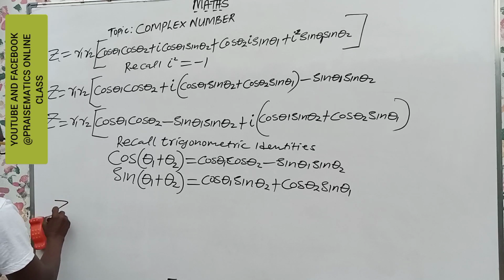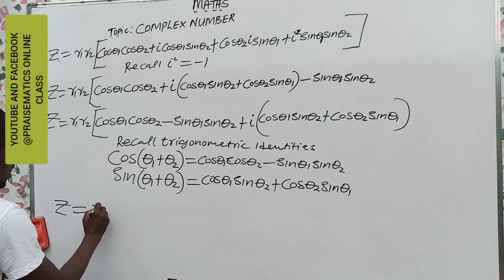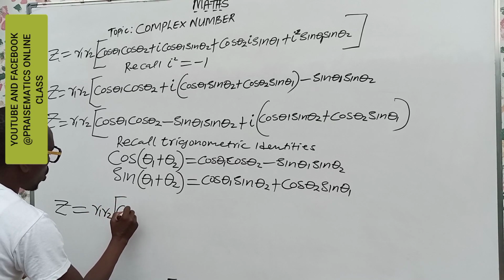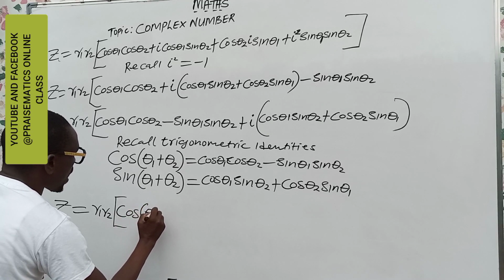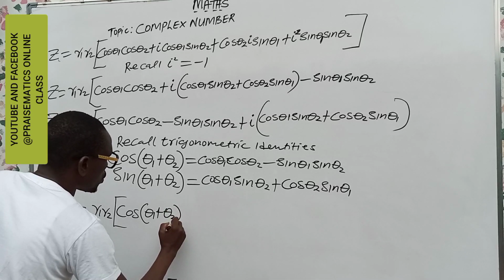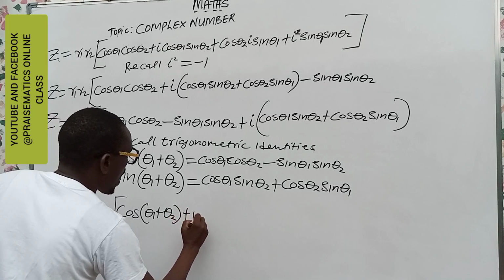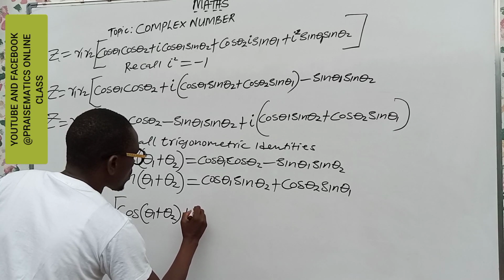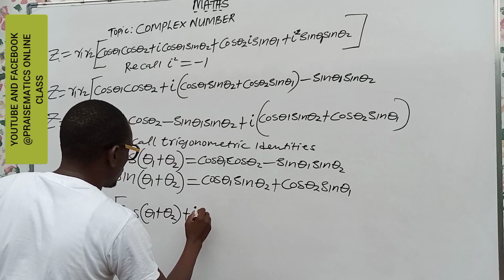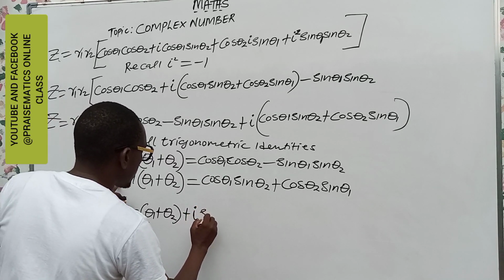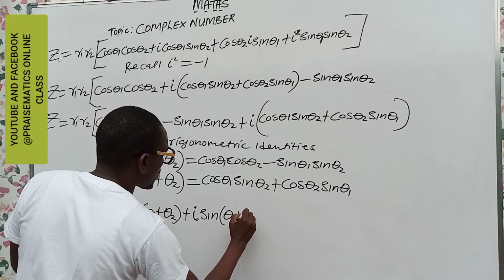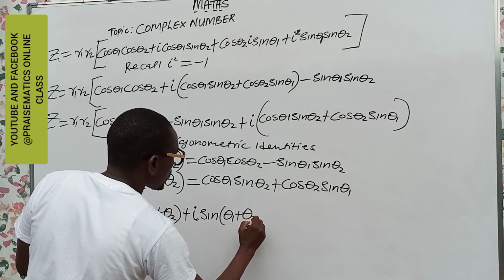Finally, what we have is that z is equal to r1 r2 into bracket cos of theta 1 plus theta 2, close it, plus i into sin of theta 1 plus theta 2.